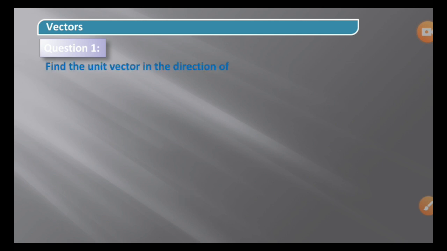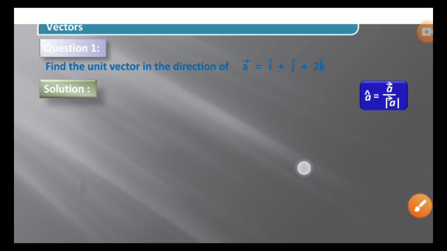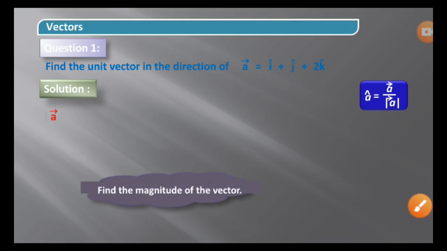Now we will solve some examples. Question number 1. Find the unit vector in the direction of the vector A equal to i plus j plus 2k. We will solve this using the formula: unit vector A is equal to vector A divided by magnitude of vector A. Therefore, we have to find the magnitude of vector A first.